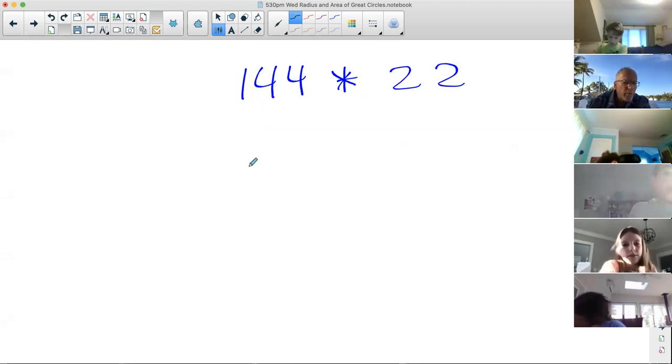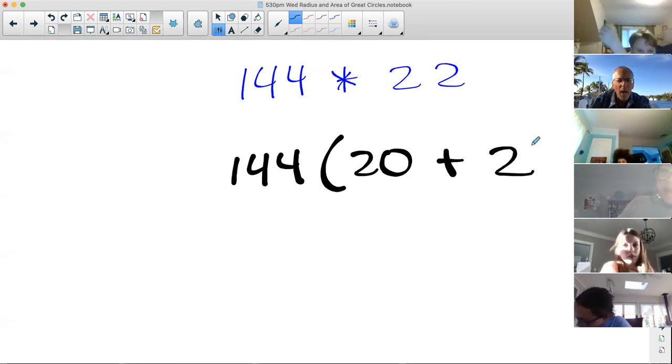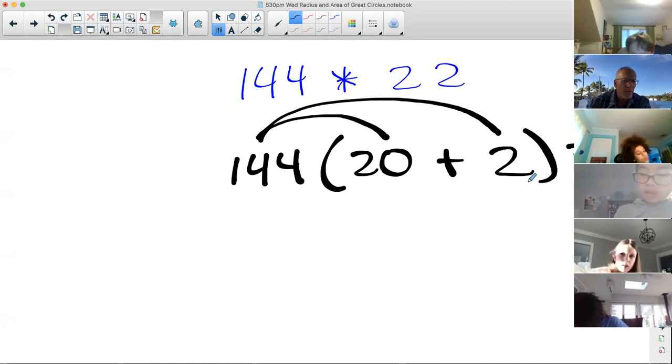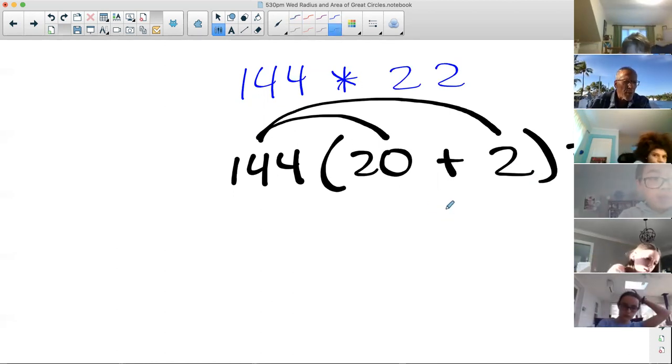No. What you've got to do is 144 times 20 plus 144 times 2. Try that, Claire. You actually can partition both, but it's a lot more work.